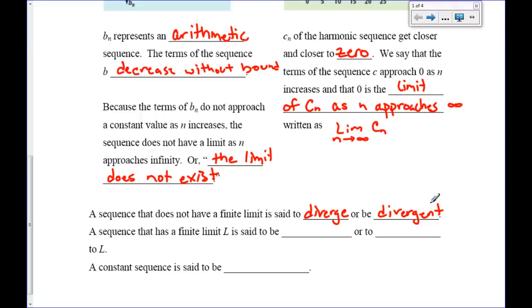The sequence that has a finite limit, L, is said to be convergent, or to converge to L. Okay? And a constant sequence, and what they mean by a constant sequence is a sequence that's like 1, 1, 1, 1, dot, dot, dot. That is said to be also convergent.